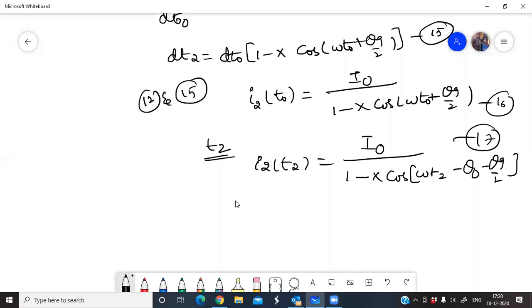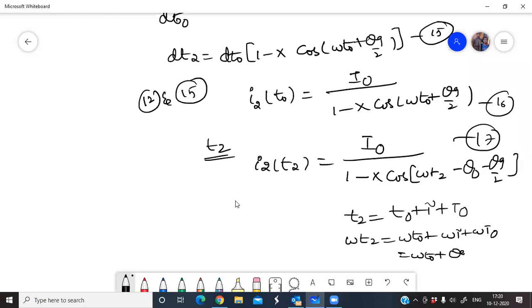Because already we know what T2 is. T2 equals T naught plus tau plus T naught. Once you get the previous equation, you will get the clarity. From this, omega T2 equals omega T naught plus omega tau plus omega T naught, and from this omega T naught plus theta G plus theta naught. Is it okay?